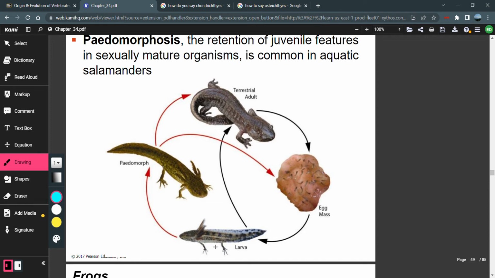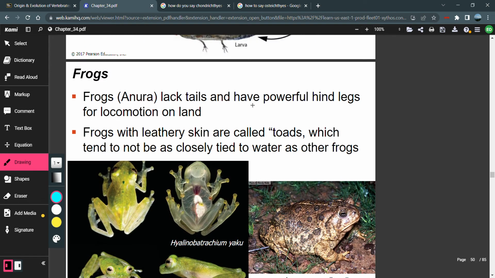And if the aquatic environment is not suitable, it will turn into a terrestrial adult, which can still reproduce and be viable. So a larva has to choose between two lives, a paedomorph and a terrestrial adult, depending on the environment. If the terrestrial environment is not suitable, the larva will turn into a paedomorph. If the aquatic environment is not suitable, it will turn into a terrestrial adult.